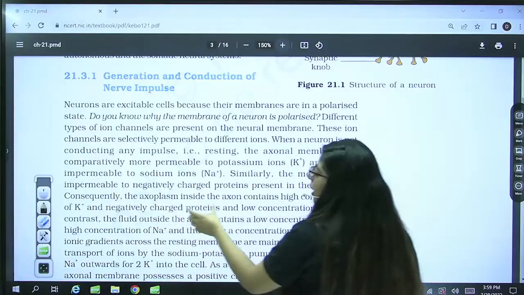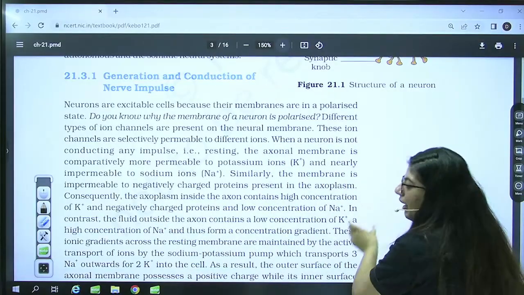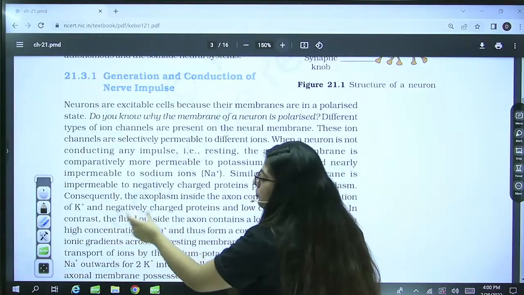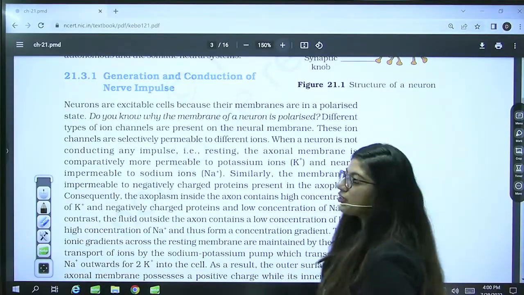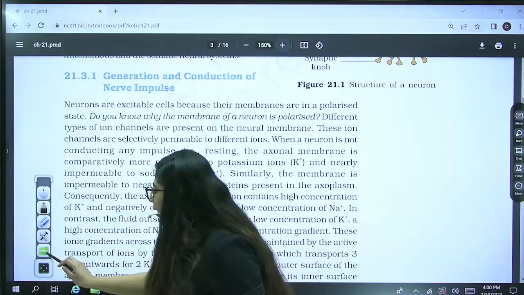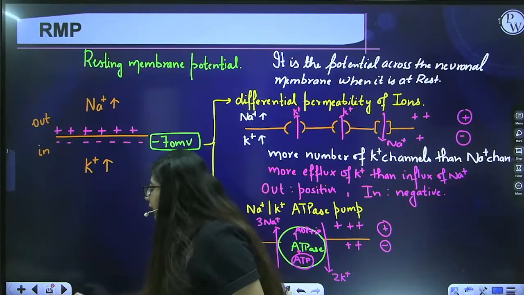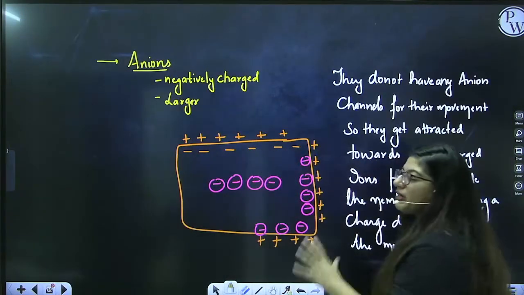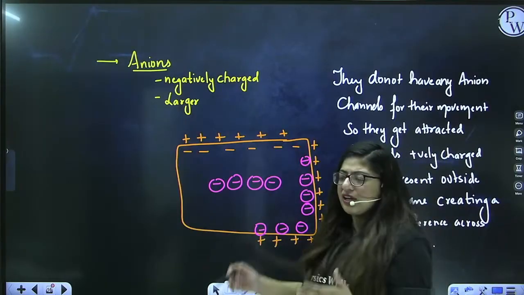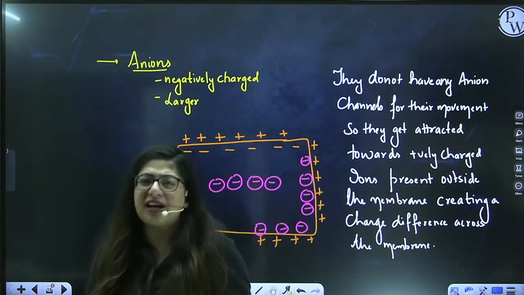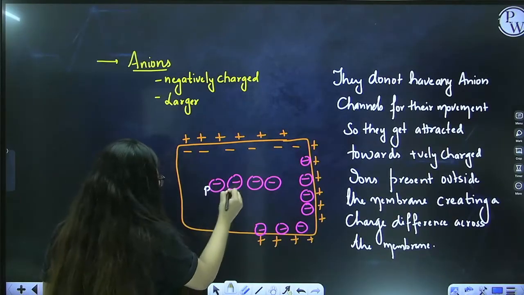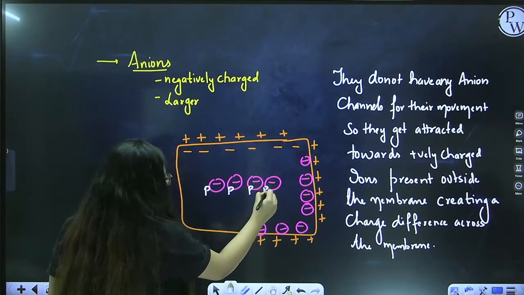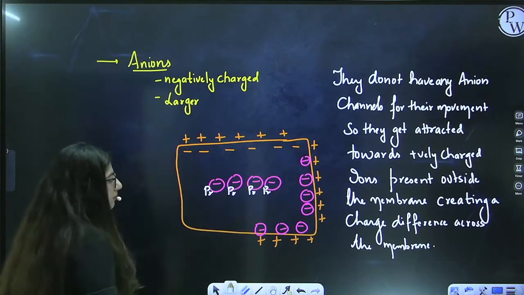Consequently, the axoplasm inside the axon contains a high concentration of potassium ion and negatively charged proteins and a low concentration of sodium ion. So what are these anions? They are basically present in the form of proteins. What anions can be there in the cytoplasm? They are all proteins, right?